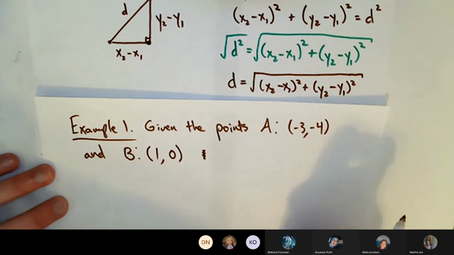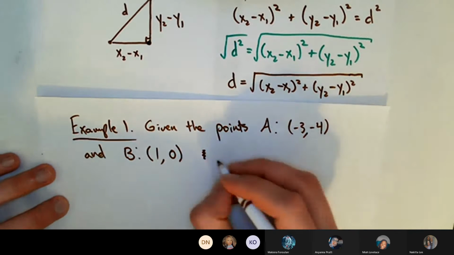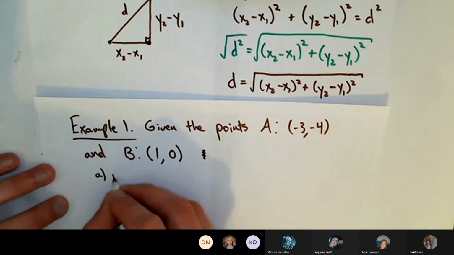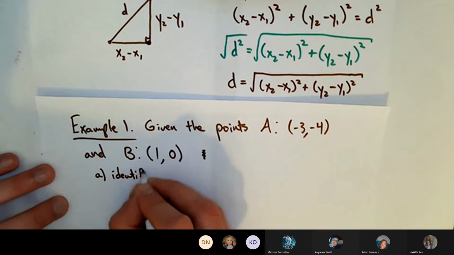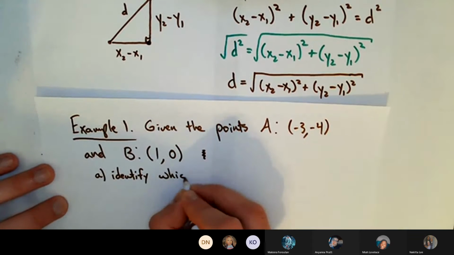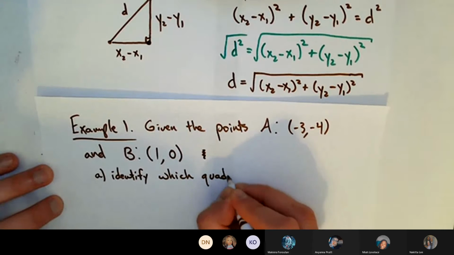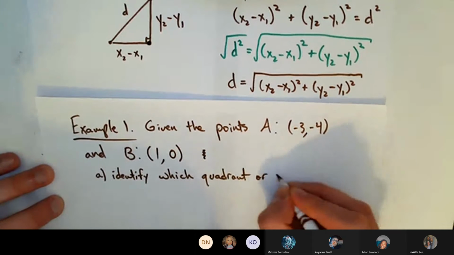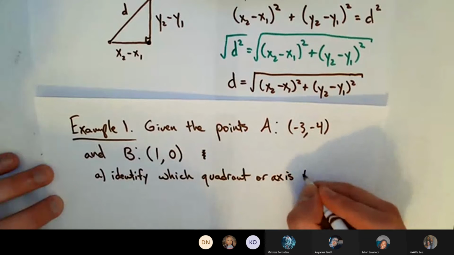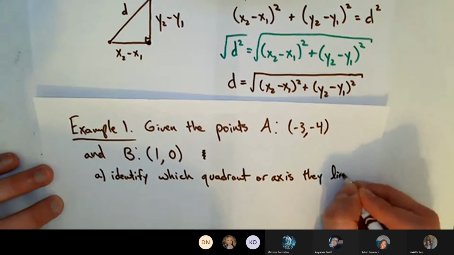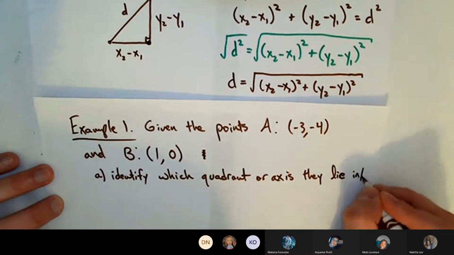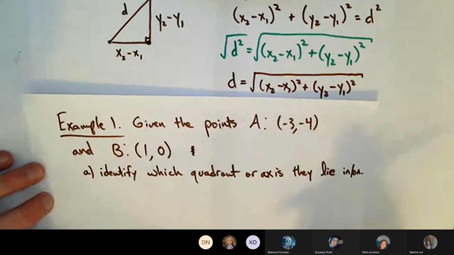Given these points, what do I want you to do? We're going to, A, identify which quadrant or axis they lie in, or on. If it's an axis, we would say they lie on the axis.